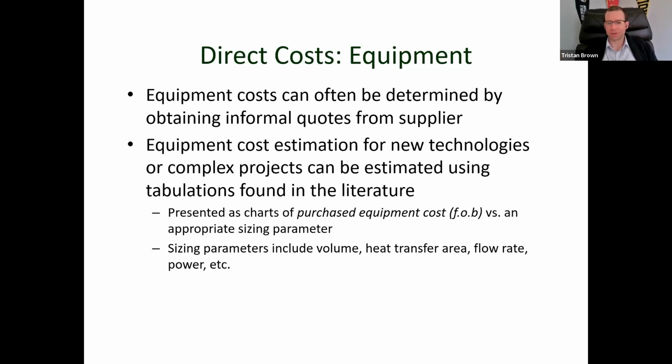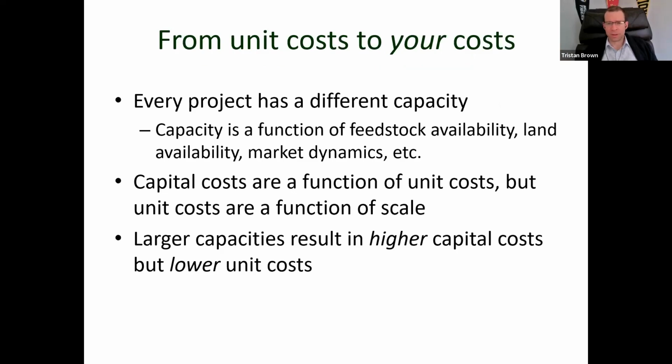Equipment cost estimation for new technologies or really complex projects can be estimated using tabulations found in the literature. So, especially where this isn't something that's necessarily being sold at a widespread level, there's greater uncertainty, but you also find there's a number of analyses where they are going to be presenting all of this in fairly good detail.